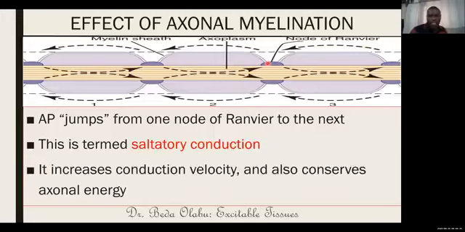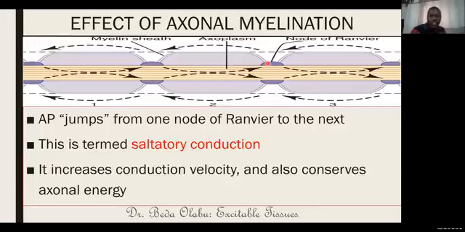One is that it will increase the velocity of signal transmission. The velocity at which action potential is moving along the cell membrane is increased if the action potential is jumping from one node of Ranvier to the next.